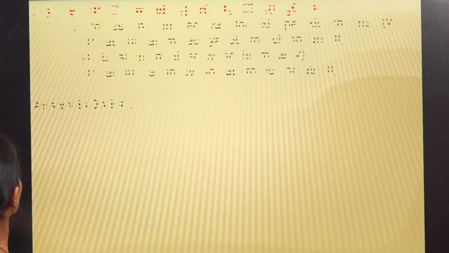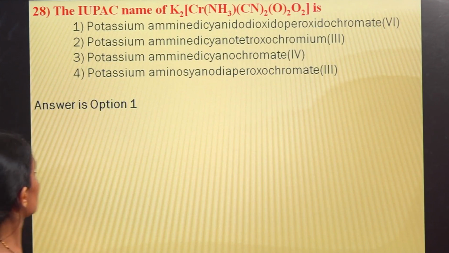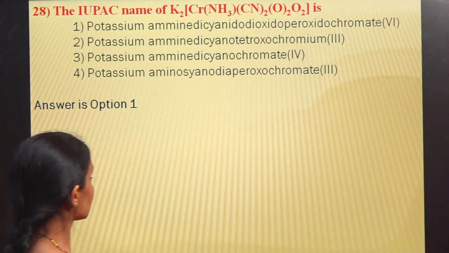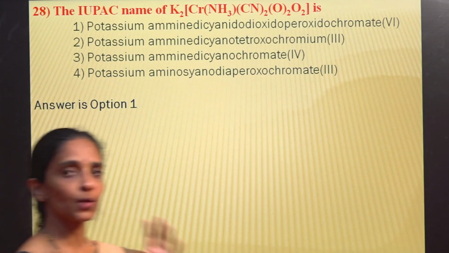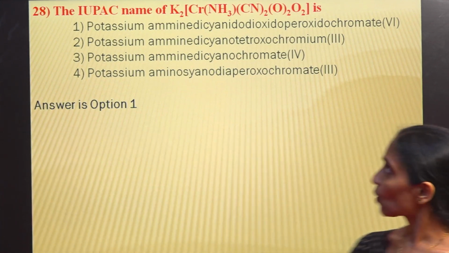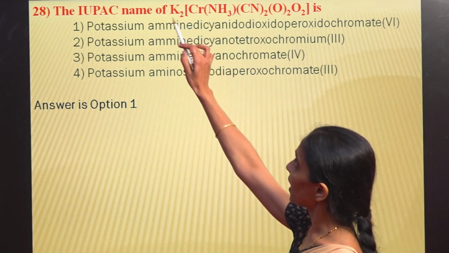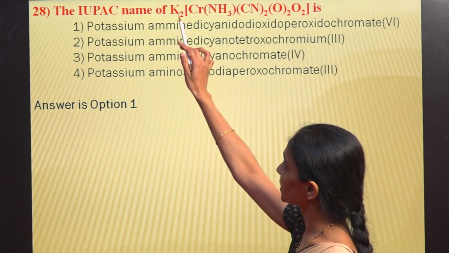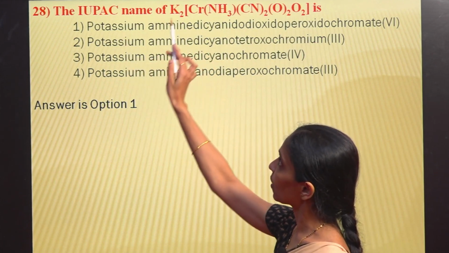All right, next question, 28th question. It's a question on IUPAC nomenclature of the complex. Whenever we do IUPAC nomenclature, we write the name of the cation first and then the anion. Here the cation is potassium.